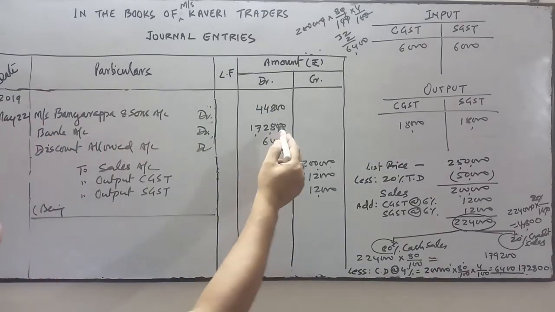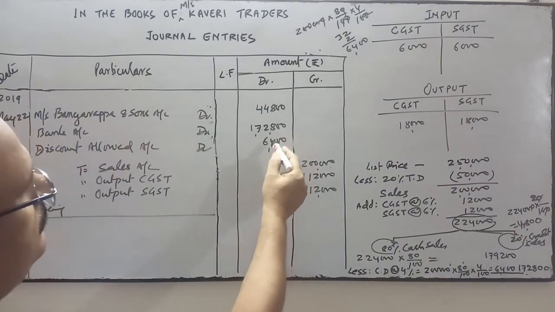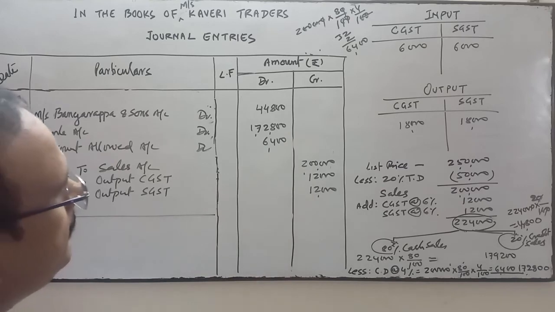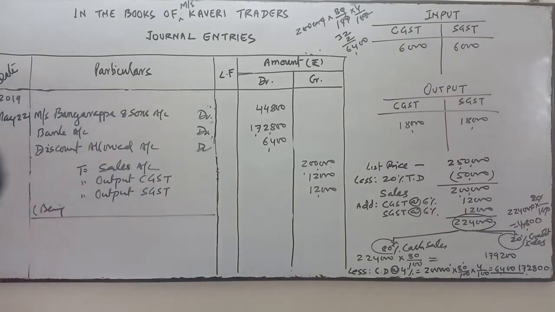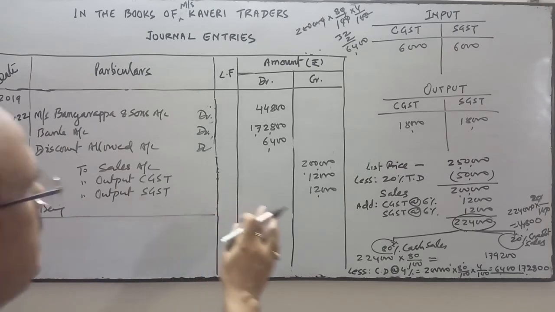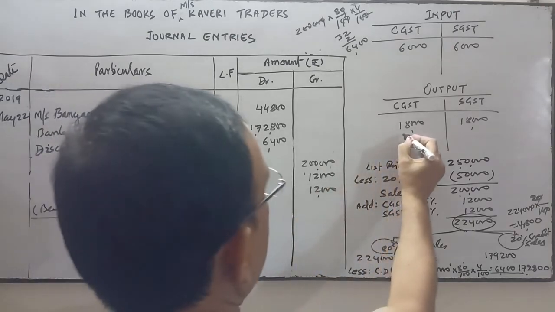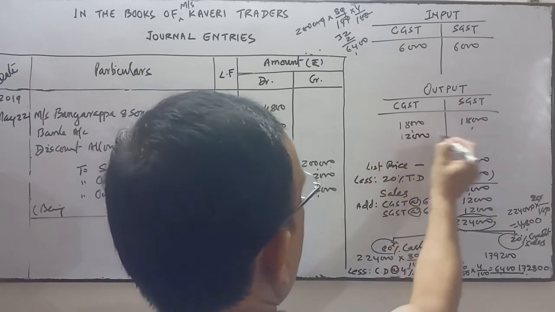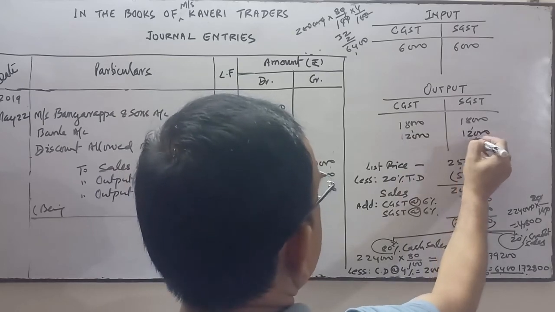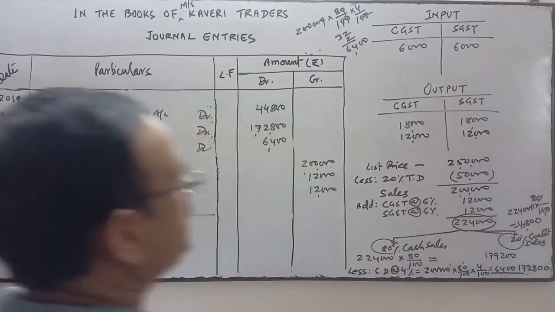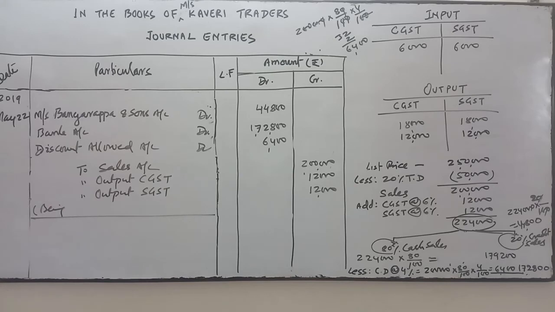Both debit and credit are the same. Is it clear? Here the output CGST and SGST are 12,000 and 12,000.